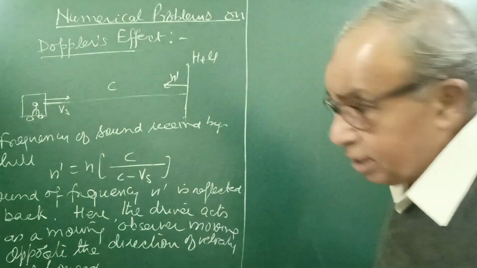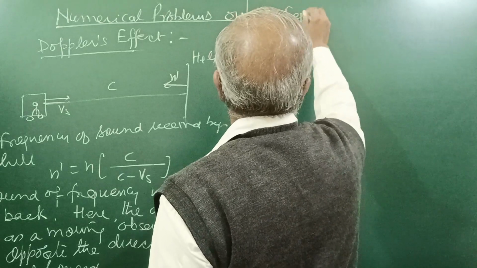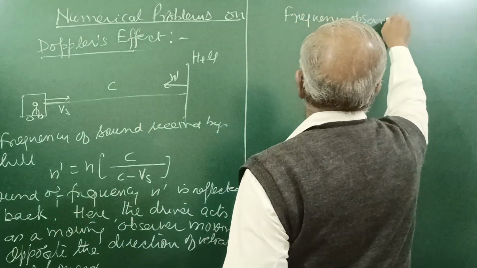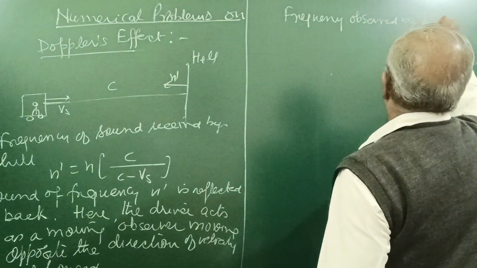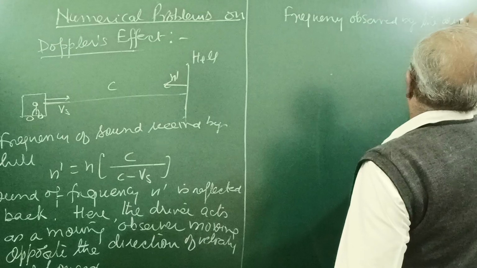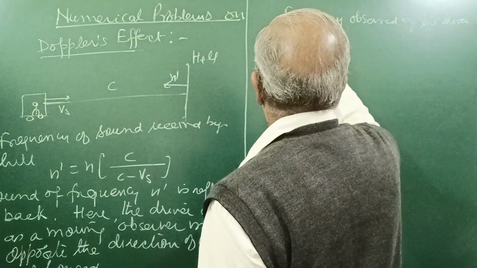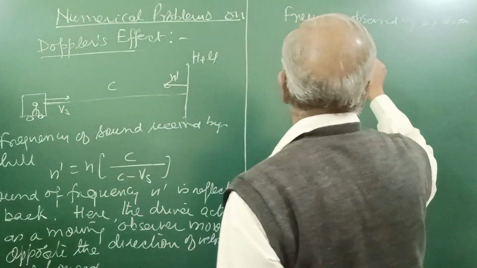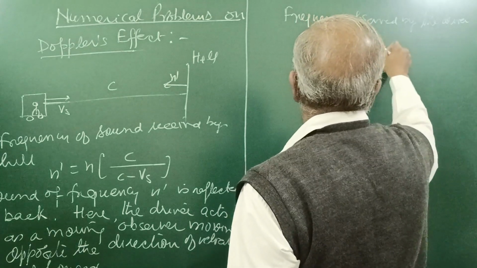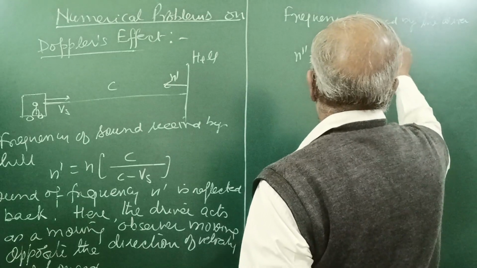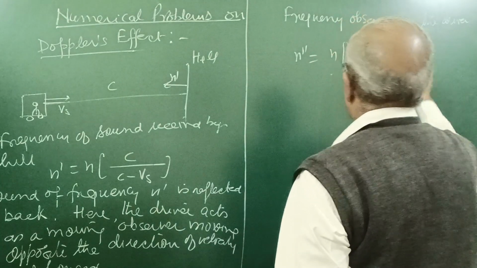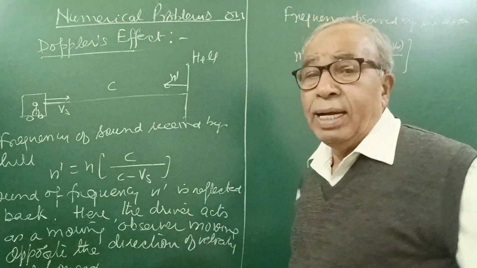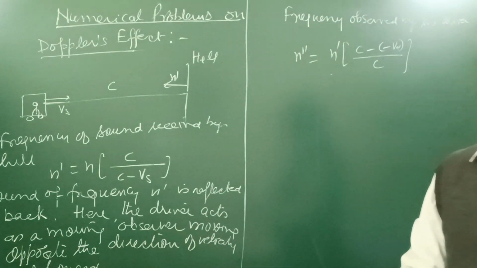So the frequency observed by the driver, n double dash, with source at rest and observer moving, is n dash into c plus vo upon c, or write it as c minus vo upon c. Here n dash is the frequency of sound produced by the hill.